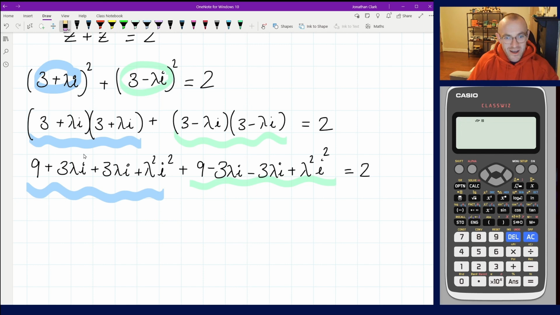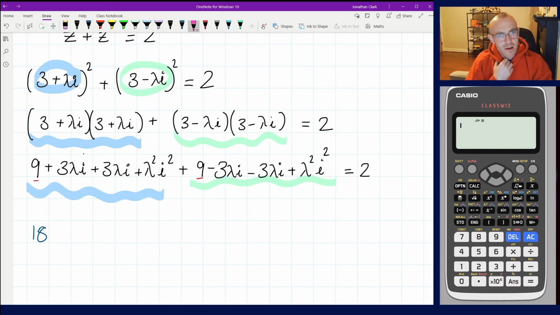Cool. Right. What next? I guess we can cancel things. So, see, these numerical terms on their own, they're not going to cancel, so I'll just combine those together to give me 18.